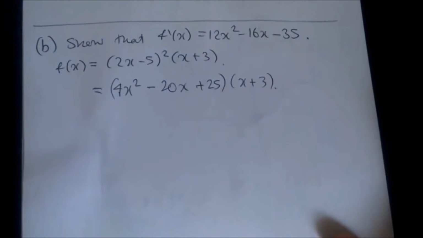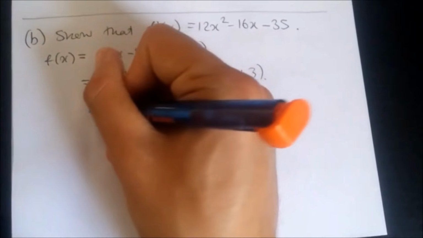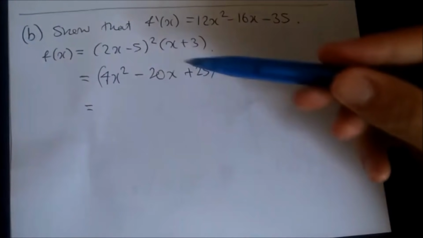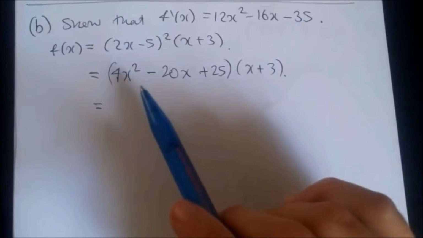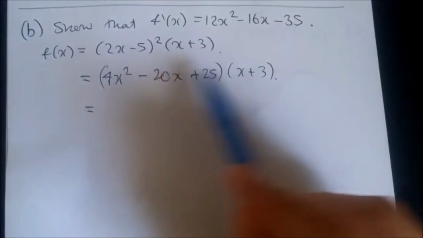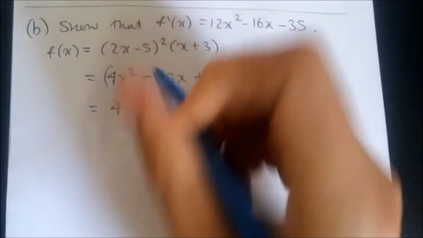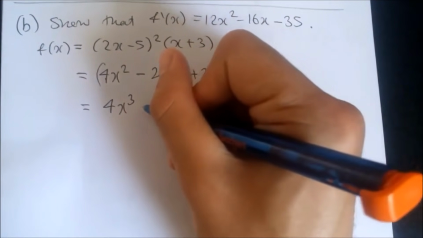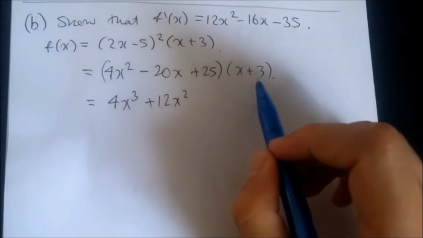Now I'm going to show you a cool trick when it comes to summarizing cubic equations. Try to line them up by coefficients of x's here. I'll show what I mean. So first let's expand it. 4x squared times x is 4x cubed. 4x squared times 3 is plus 12x squared.